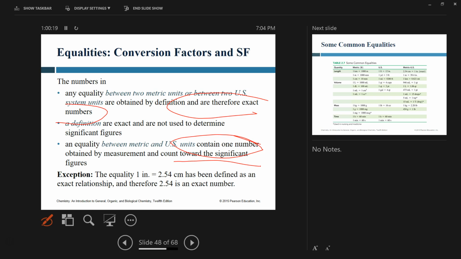That makes sense? Now, the only exact number that establishes the relationship between the imperial and the metric system is the number of centimeters in 1 inch. That is defined. Does that make sense? So by definition, 1 inch is 2.54 centimeters.